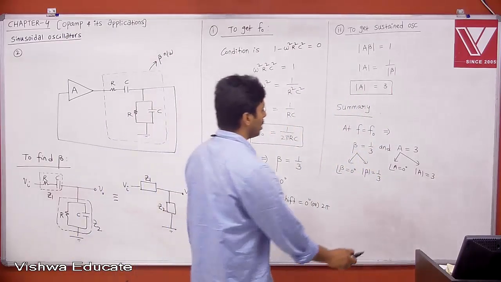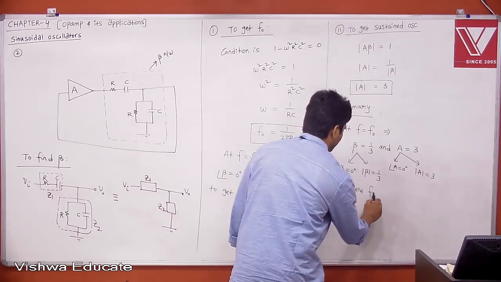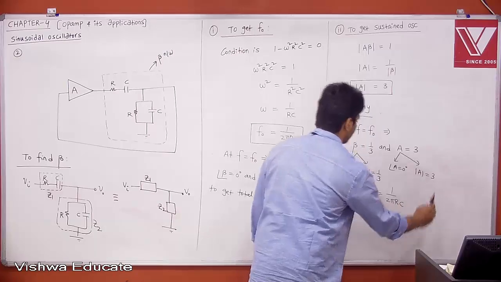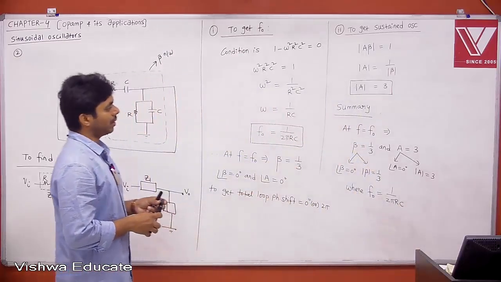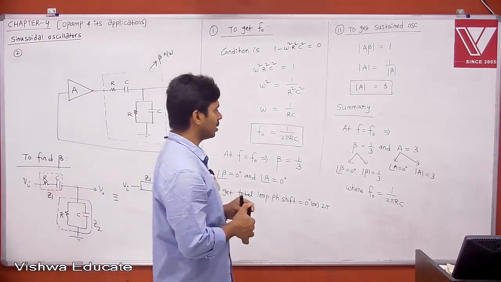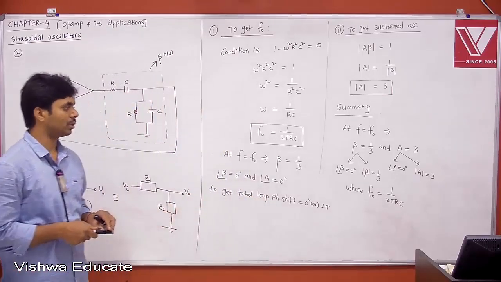This is your summary, where F naught is equal to 1 by 2 pi RC. At F is equal to F naught, your beta network is having 0 degrees phase shift. Therefore, overall your A beta is equal to 1.